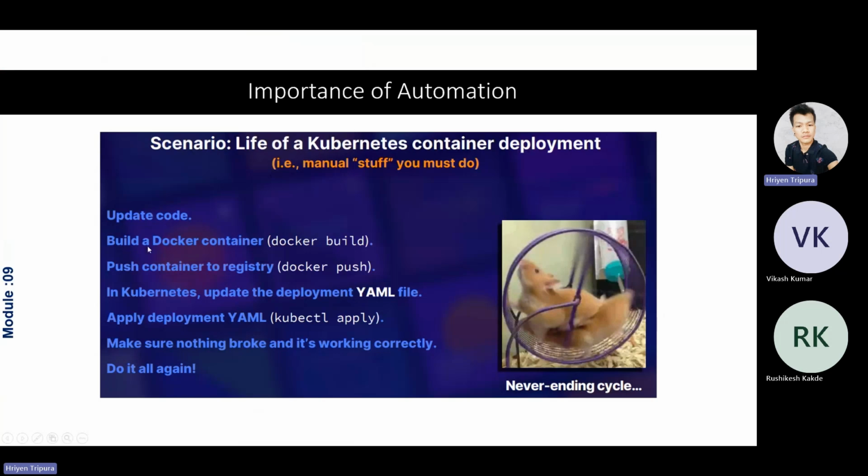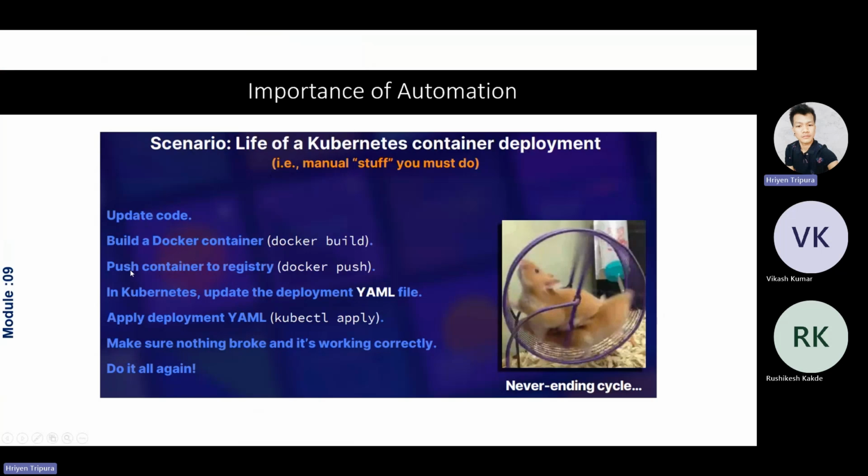And you want to build a Docker container, because I have an image and I want to make this, right? So you have to build a Docker container. Then after this, we have to push containers to a registry, which I was mentioning in my process. Once your Docker container is built, the image is built with the help of Docker build.